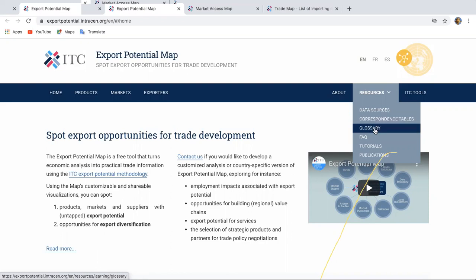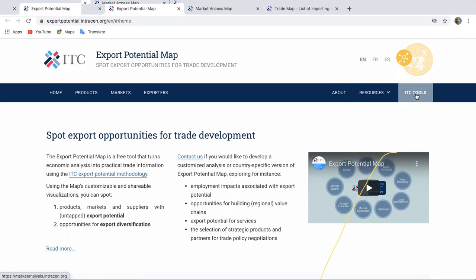You have a glossary as well, a very interesting frequently asked questions section as well, which gives you a lot of information. And as I mentioned, we have tutorials on our YouTube account. And we also do some publications on very specific topics like employment impacts associated with export potential, but many different publications related to this data. And you can find the other ITC tools through this button.